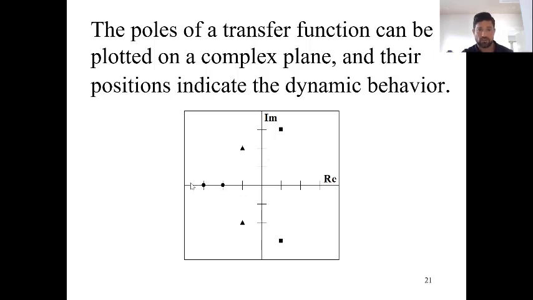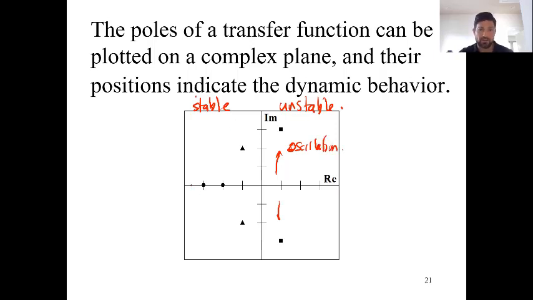If we have two real roots that are negative, everything that shows up over here is going to be stable. If real roots are negative, it's stable. If real roots are positive, it's going to be unstable. If you have any imaginary roots, they're going to be plus or minus, and anything up here is going to have oscillation.